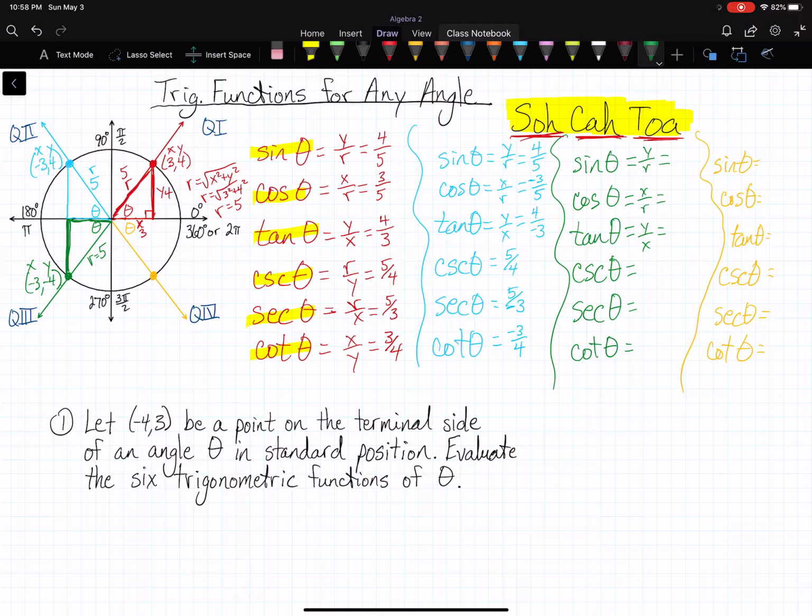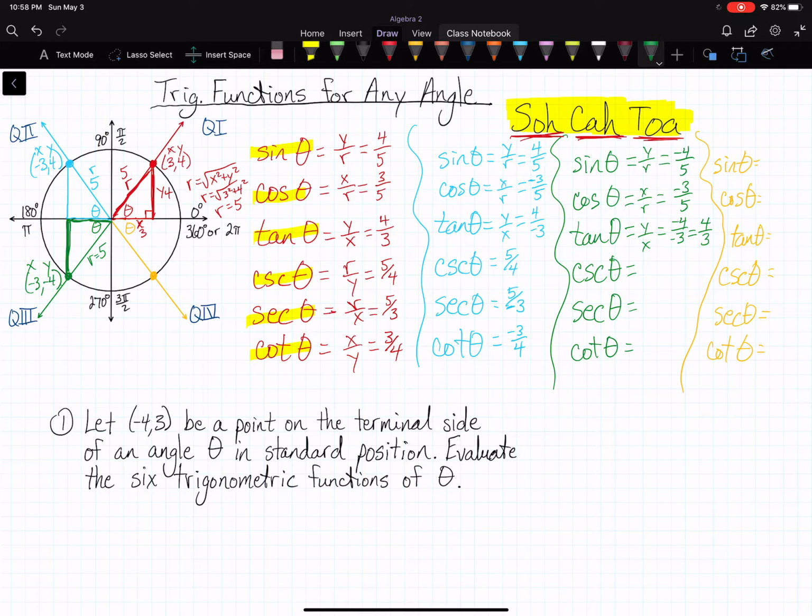It's still a 3, 4, 5 triangle. Okay? So y is -4 over 5, x is -3 over 5, and tangent is -4 over -3, which is positive 4 over 3.